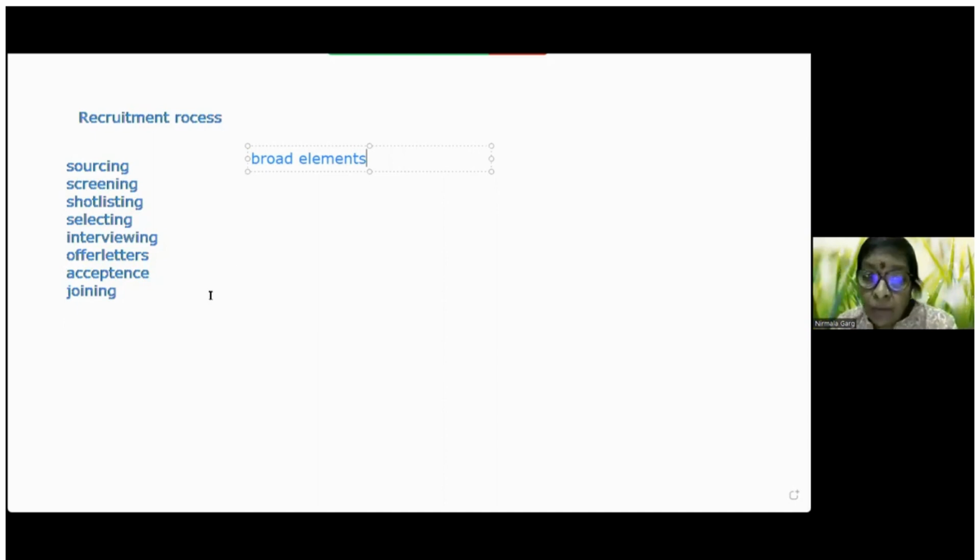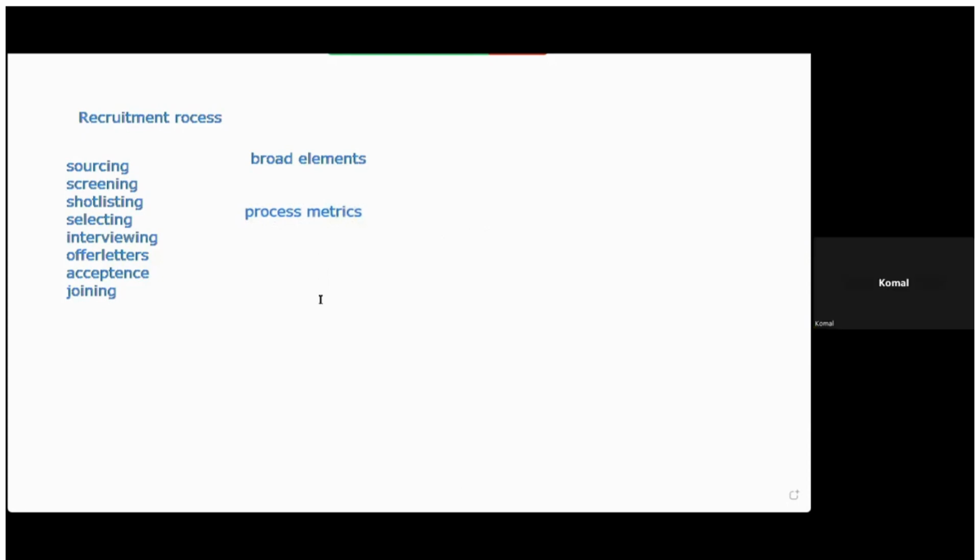Now, fundamentally, as an HR analytic person, what do you need to look at whenever you're looking at any process in HR? There is something called process metrics. For example, what can be a process metric for sourcing?